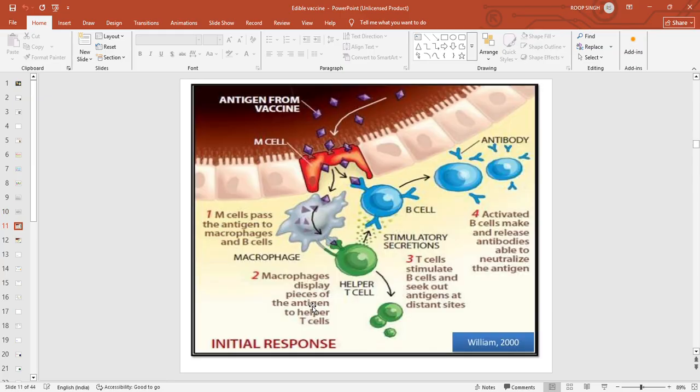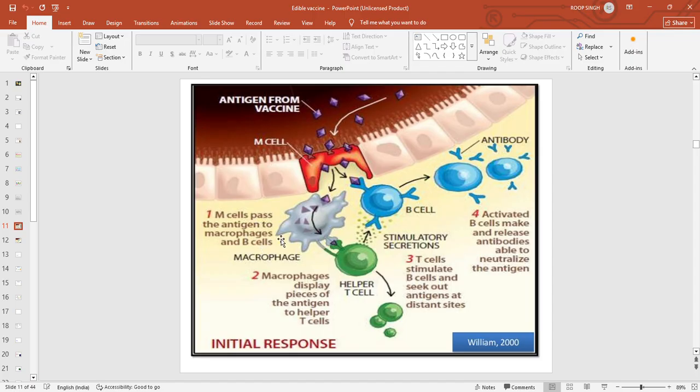So this picture shows the same thing. You can see here these are the M cells, microfold cells. When the antigen from the edible vaccine, which is present in our food, is broken down, it is taken up by the M cells in Peyer's patches.